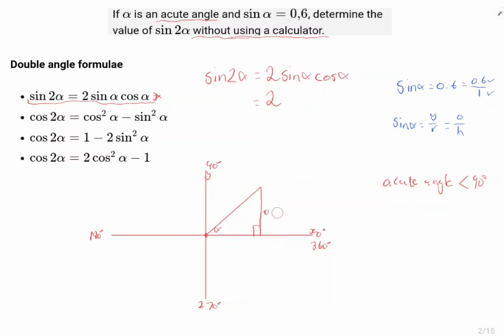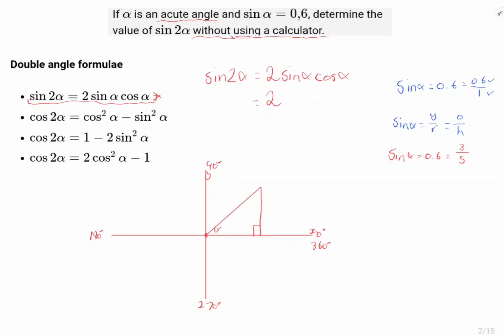Or you can notice that, hey, this 0.6 can also be written in fraction form, right? Let me go ahead and erase this. We know that 0.6 is equal to 3 over 5 when written in fraction form.